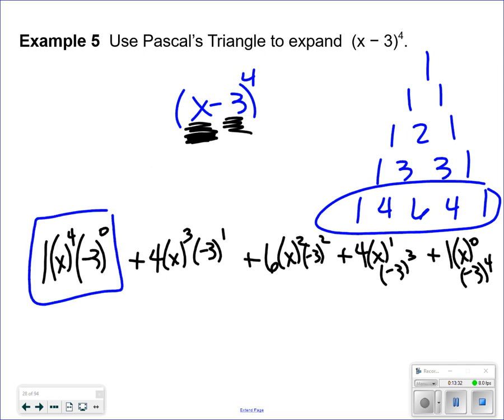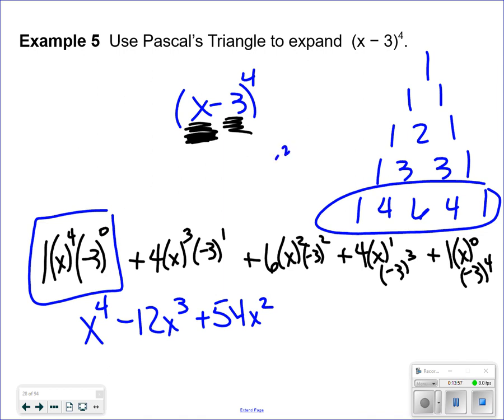So what is 1 times x to the fourth times negative 3 to the 0? Well, negative 3 to the 0 is 1, and 1 times 1 would be 1, x⁴. Negative 3 to the first times 4 is negative 12, x³. Negative 3 to the second is 9 times 6 would be 54, x². Negative 3 to the third is negative 27.